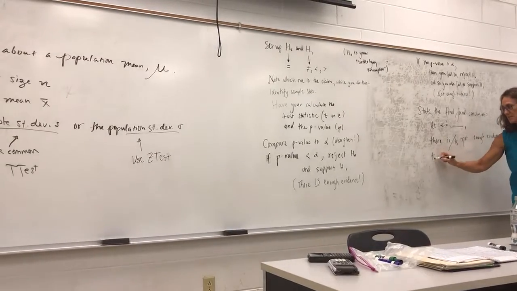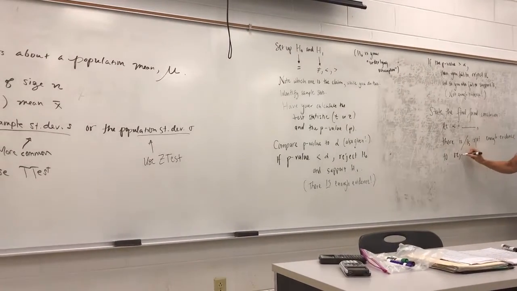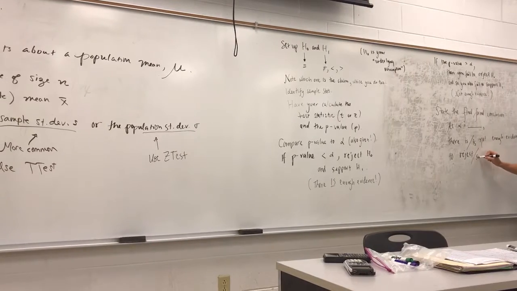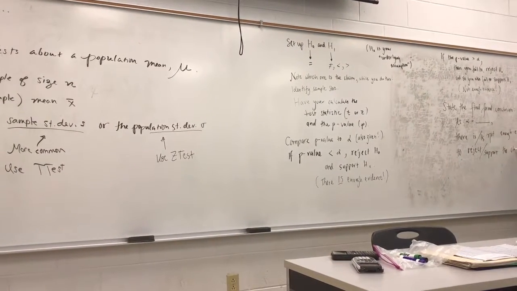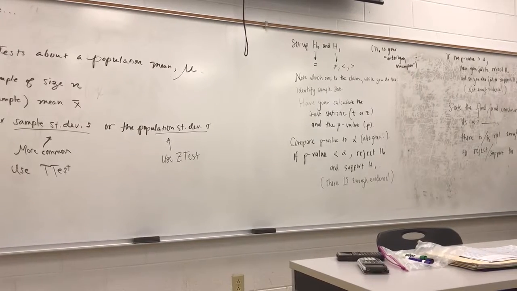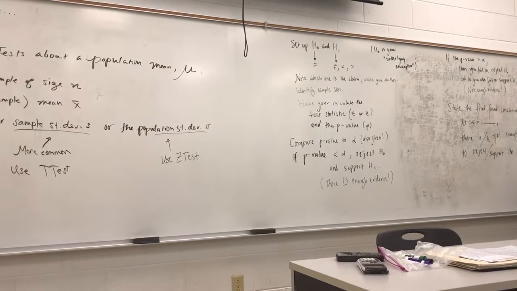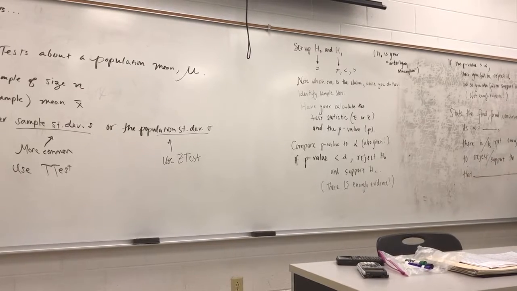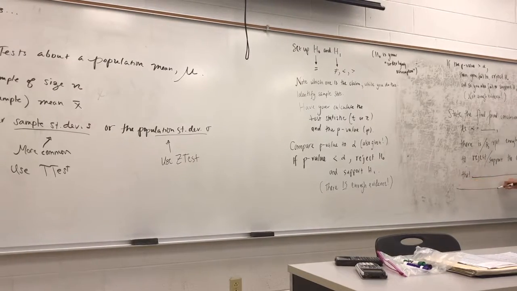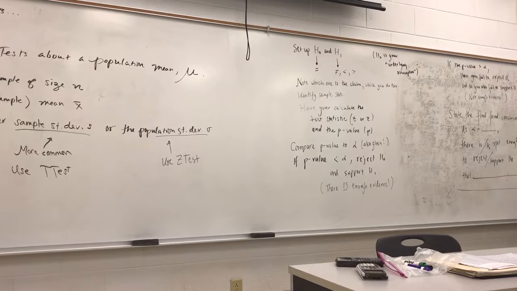And then that's going to be either to reject or support the claim, based on whether the claim is the null hypothesis or the alternate hypothesis. And then just restate the claim in words.